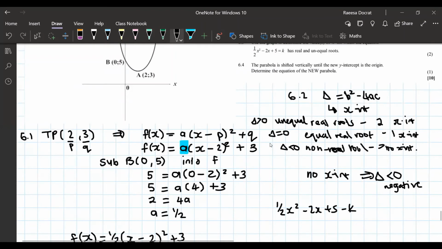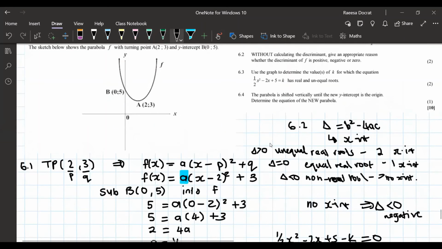So this is equal to 0. This k can be seen as how many units we should shift it up or down.